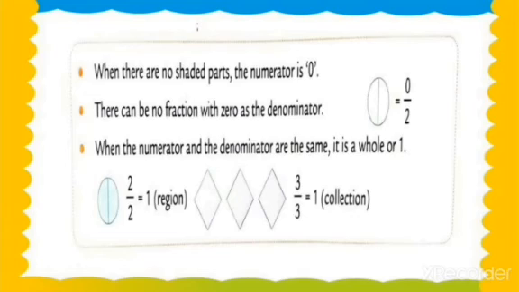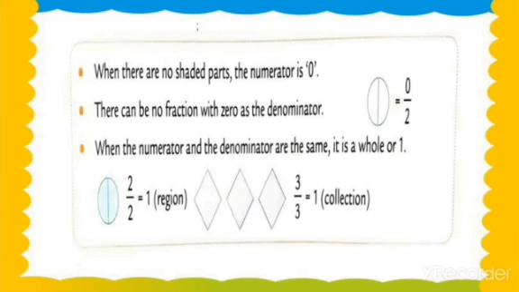When the numerator and denominator are the same, it's a whole or 1. Any number divided by the same number gives 1, the same answer, or the same multiplication method.